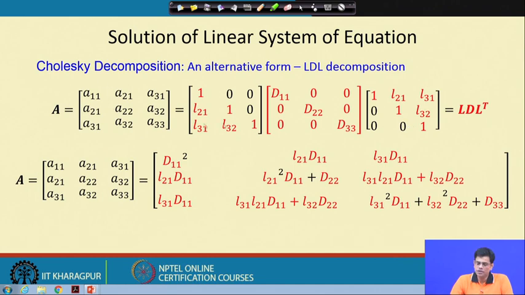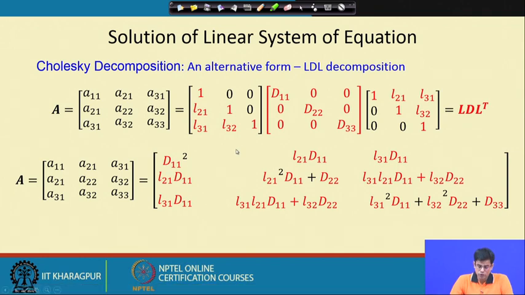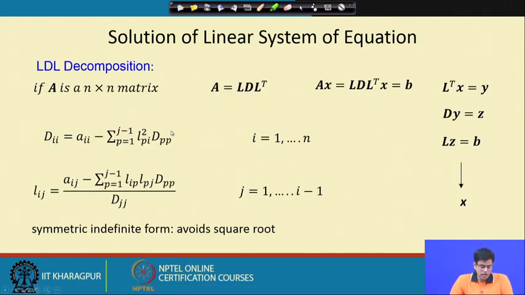So, if a matrix can be written in this form, L D L transpose, then again we can find the L ij's and D ii's by comparing each element of the matrix. So, for instance, if A is an n cross n matrix, this comes out to be the general formula for L ij and D ii.